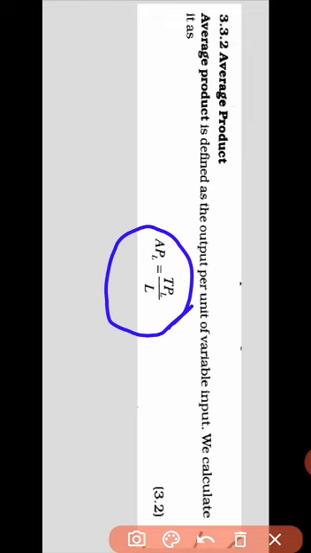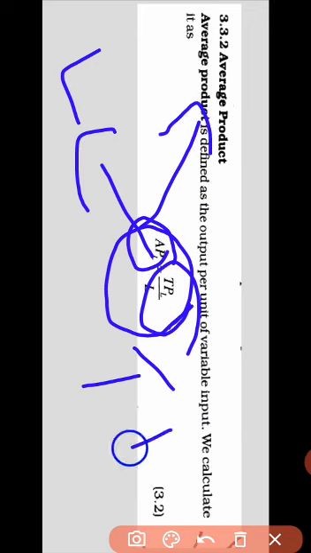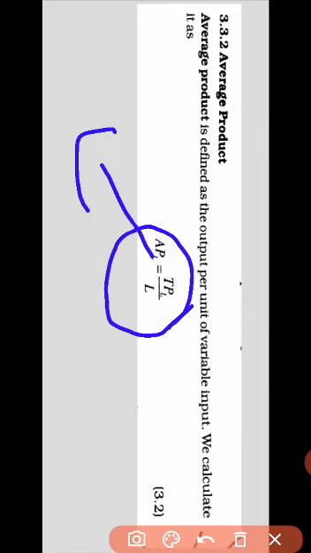Average product is equal to total product divided by L. AP of L is the average product, TP is the total product, and L is the labor. You already studied what total product is. It is divided by labor.